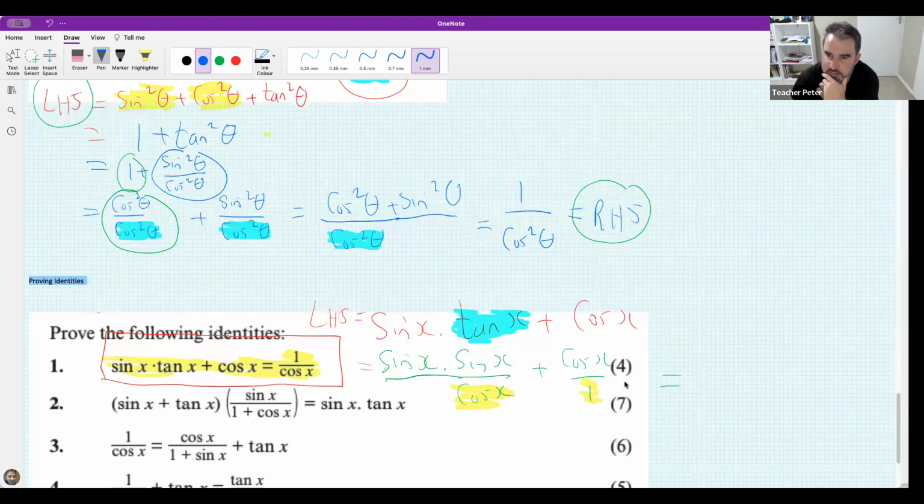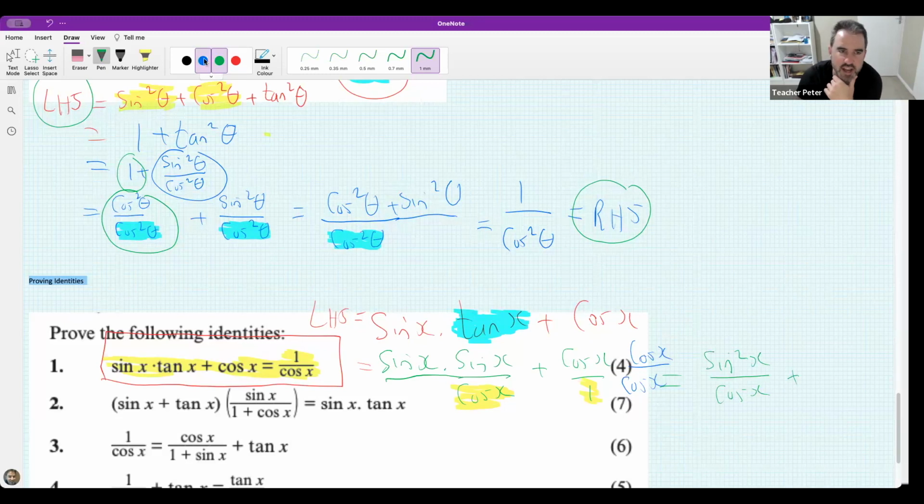I was thinking, couldn't you times the top and bottom by the cos of x? Yes. So if you times the top and bottom by the cos of x, you're not changing the fraction. But what is so cool about that is you have sine squared x over cos x to start with.